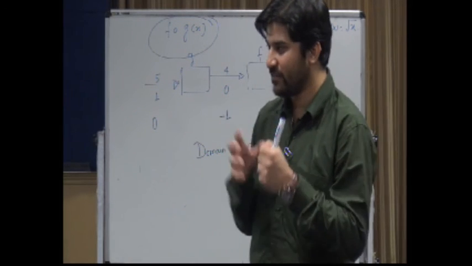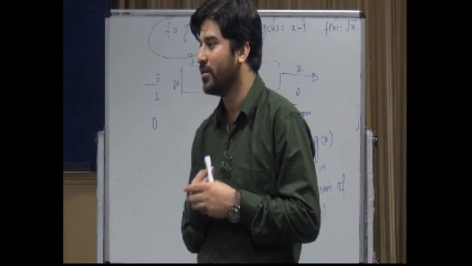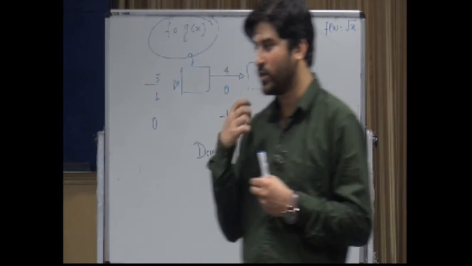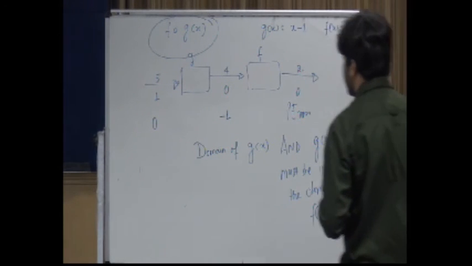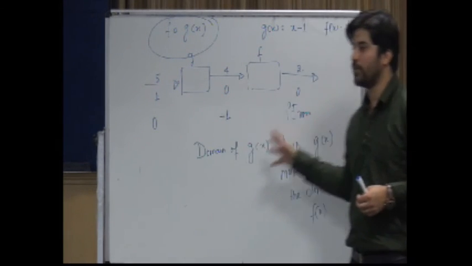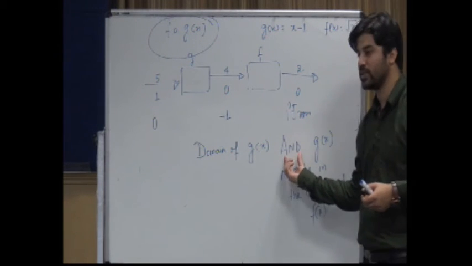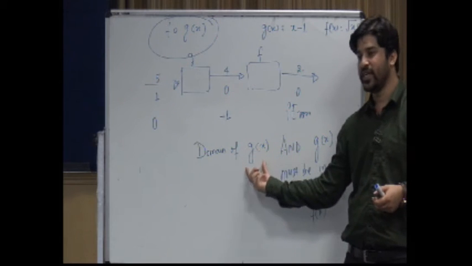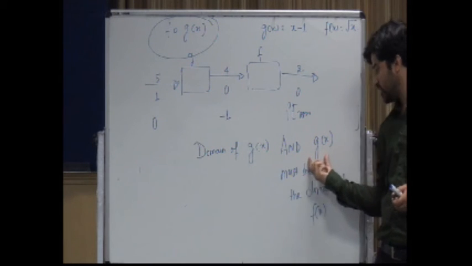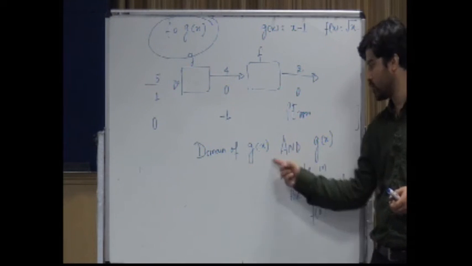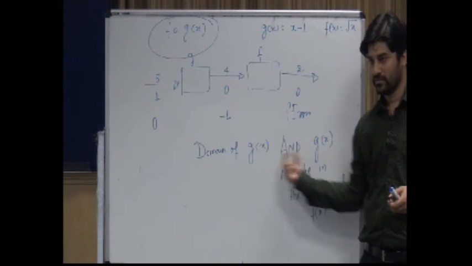So it's a difficult idea, but when you think in a very mathematical fashion, you will be able to understand what I am talking about. Understood? So how to find mathematically? Simple, the set concept. Domain of g(x) and g(x) must be in the domain of f(x), दोनों का intersection. Understood?